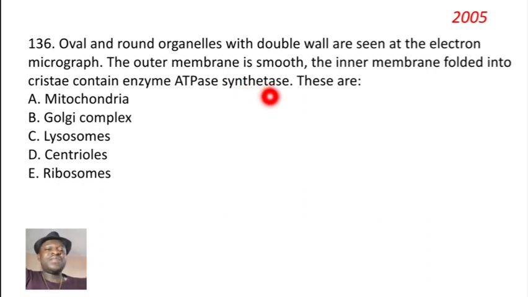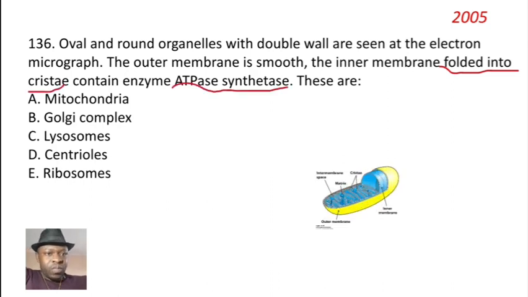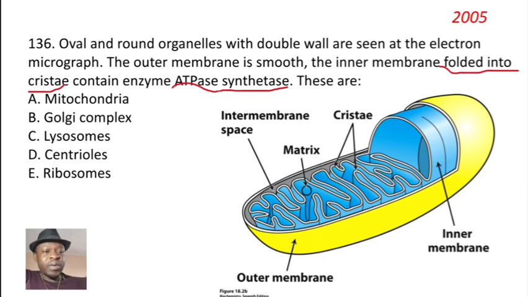If you know your biology, you just need if they mention inner membrane folded into cristae plus ATPase, so this is definitely a mitochondria, right? So this one is just the basic structure.